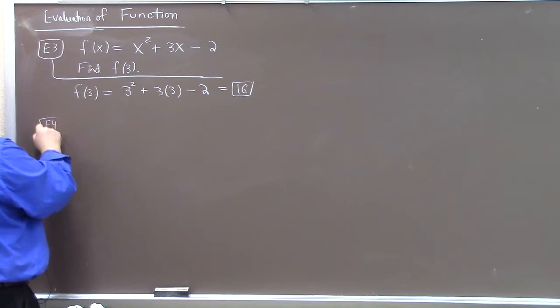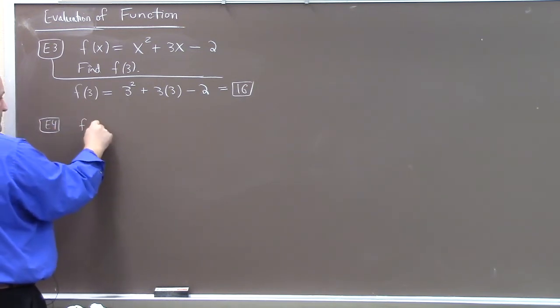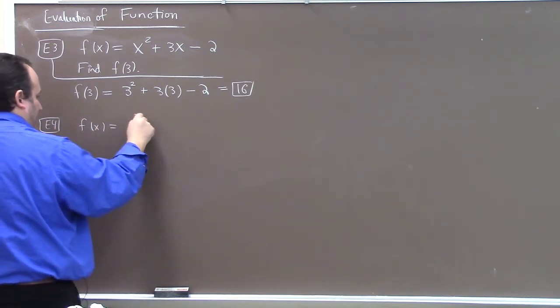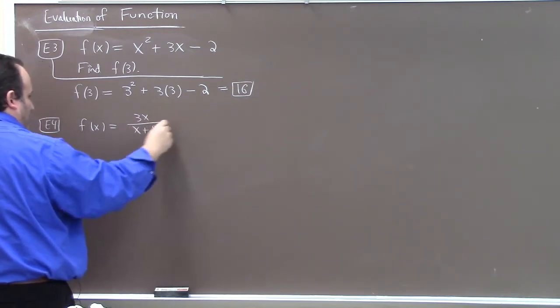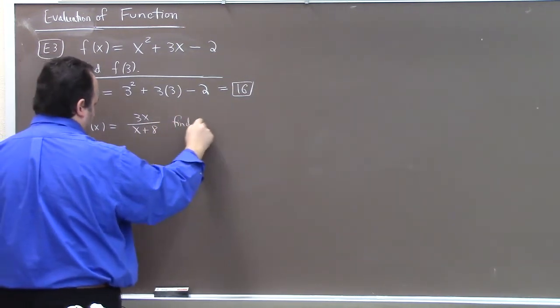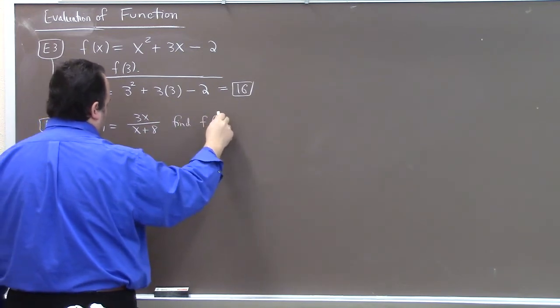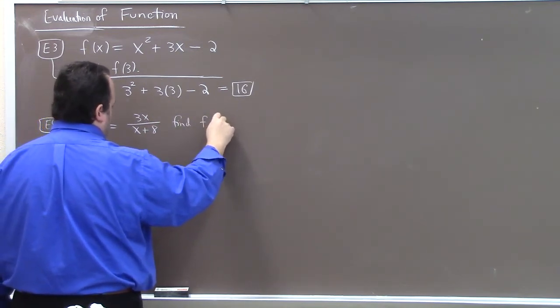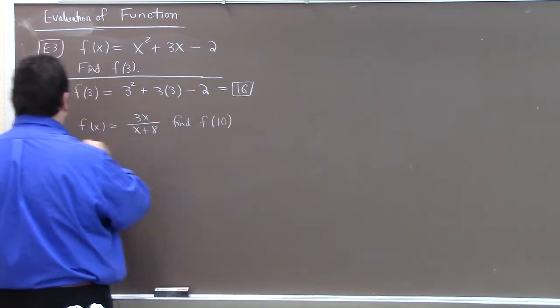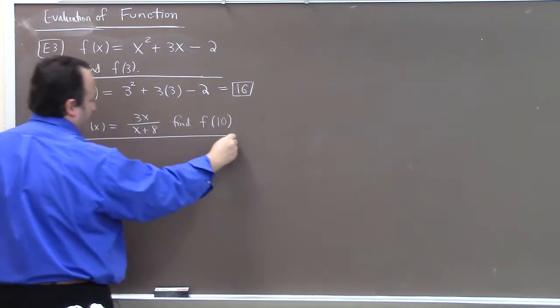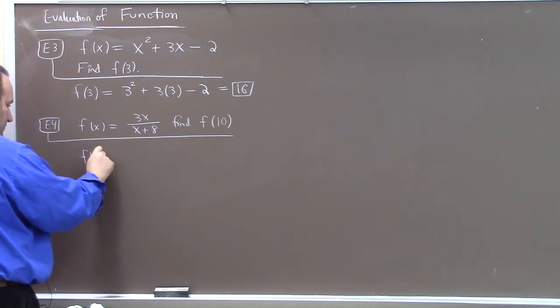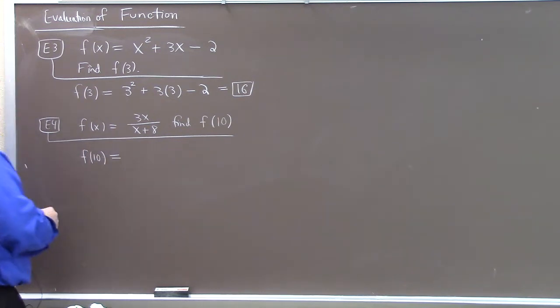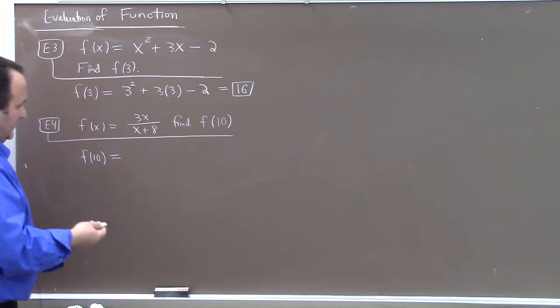Example 4. f of x equals 3x over x plus 8. Find f of 10. All right, so we do f of 10. And again, what we're doing is replacing, everywhere there's an x, we put a 10.